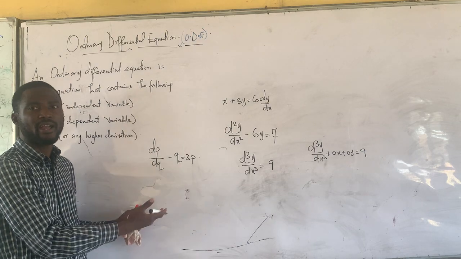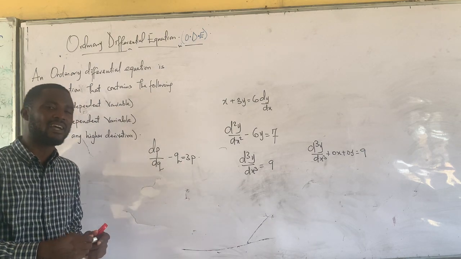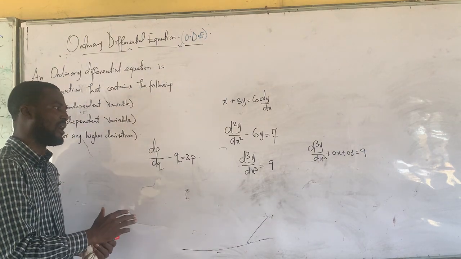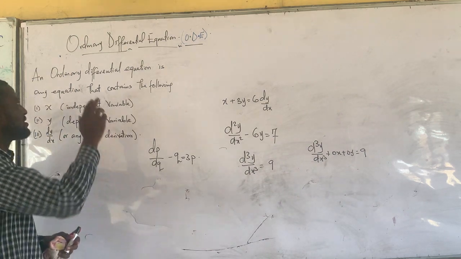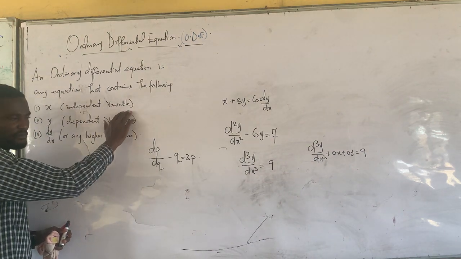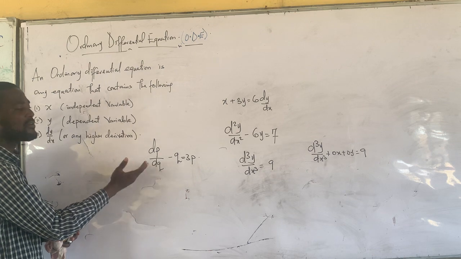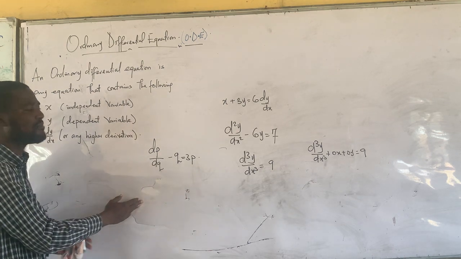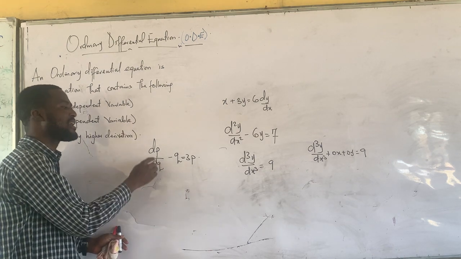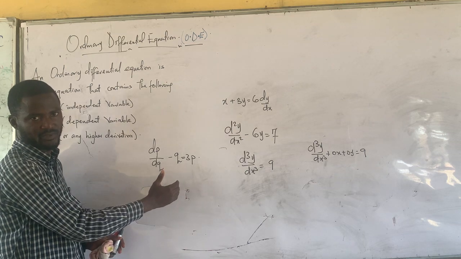Why are we not having y? So it doesn't have to be x and y alone. That's why I'm telling you that all you need to see is that it contains an independent variable. In this case, the independent variable is q and the dependent variable is p.